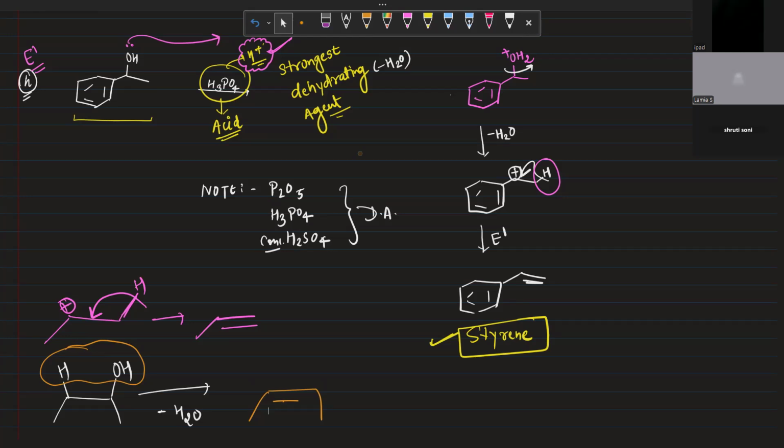But if there is no hydrogen, what will be the further process? Will the reaction proceed at that point? If there's no way to rearrange, then no, because it has to be stable. If there is stability, then the reaction will stop over there. Great. Any doubt?